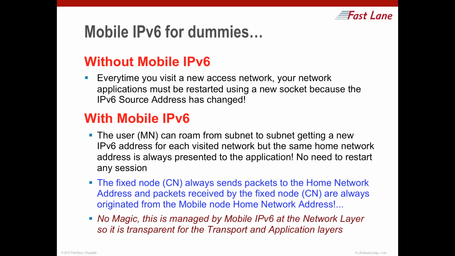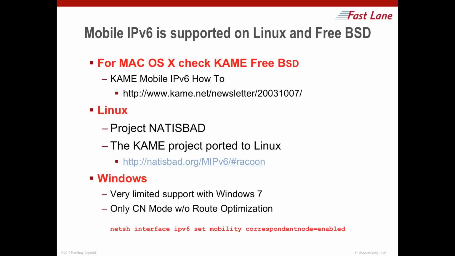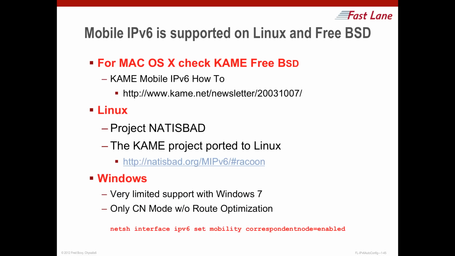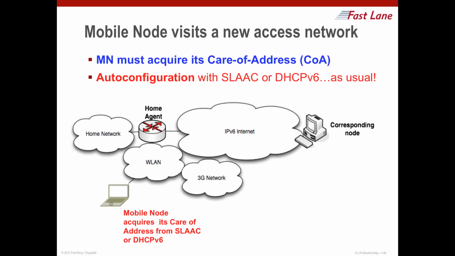It is supported basically on Linux, and on Mac OS you can find some KAME implementation. On Windows it is really not supported, because the corresponding node mode without route optimization is something quite transparent, so we cannot say it is supported by Windows.